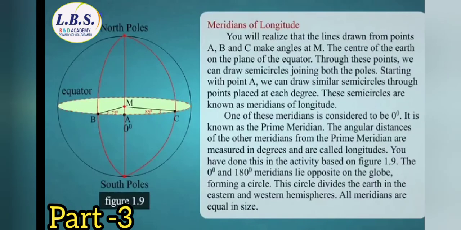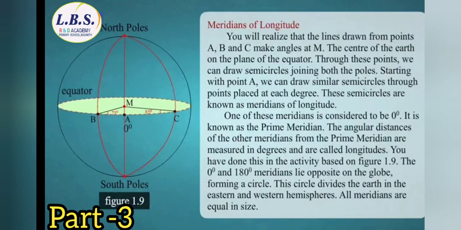Meridians of longitude. You will realize that the lines drawn from points A, B and C make angles at M, the center of the earth on the plane of the equator. Through these points, we can draw semicircles joining both the poles. Starting with point A, we can draw similar semicircles through points placed at each degree. These semicircles are known as meridians of longitude.